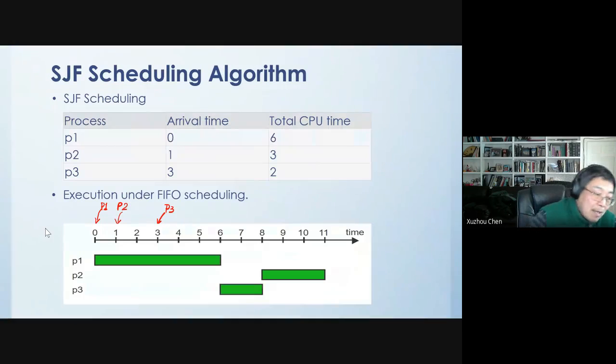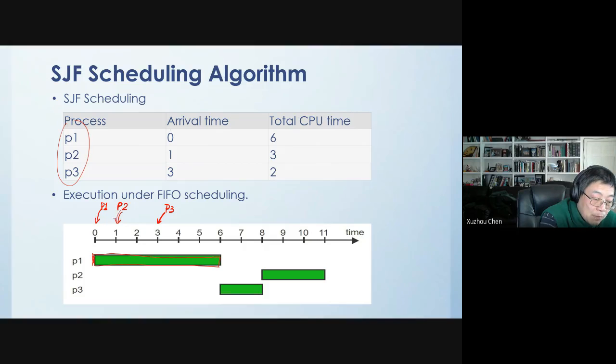Let's take a look at another example. We're talking about the same scheme, P1, P2, P3, with total CPU time 6, 3, 2, and arrival time 0, 1, 3. When process 1 arrives, process 1 is the only process that requested the CPU, right? So process 1 will get the CPU and start to execute.